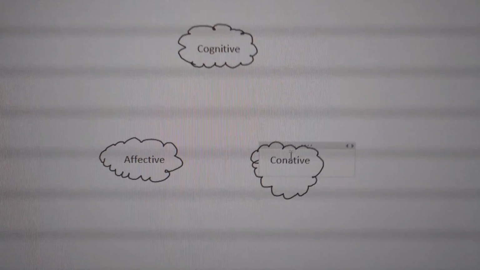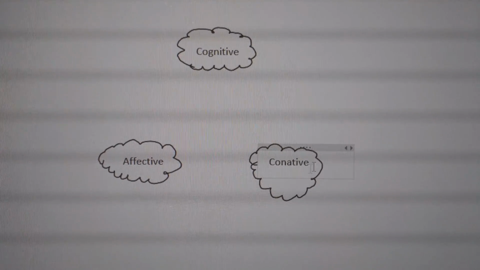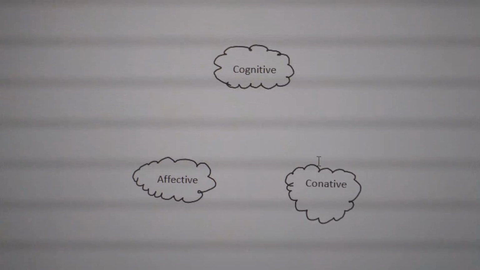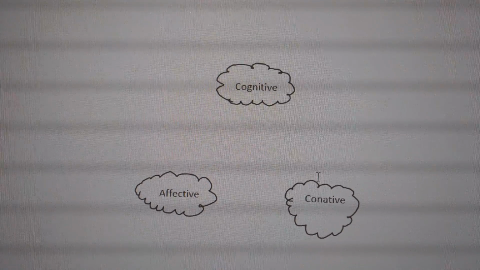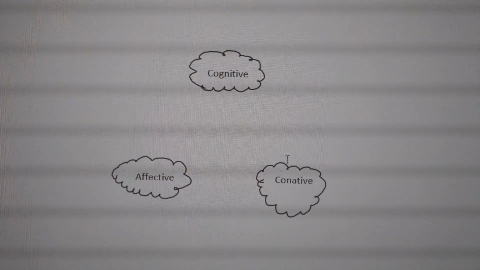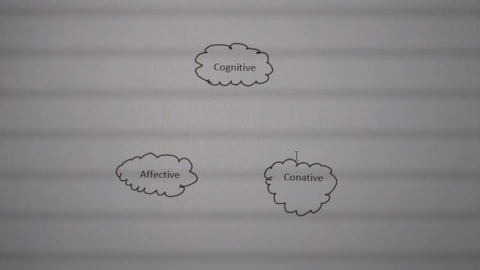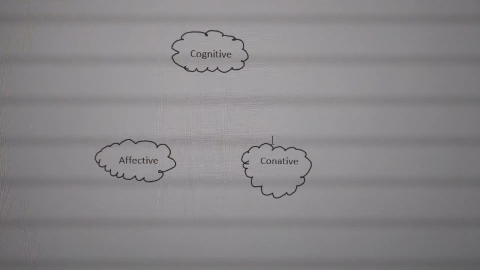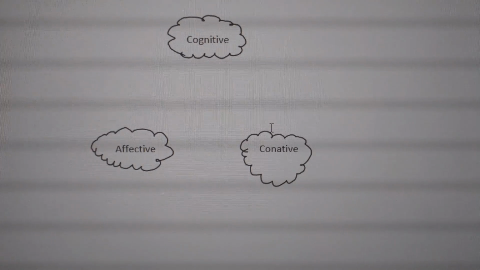The last one, the one that Kolbe A focuses on, is the conative aspect of the mind. And conative is something that wasn't really discovered much until the researcher that looked into Kolbe A assessments had done a lot of their work.